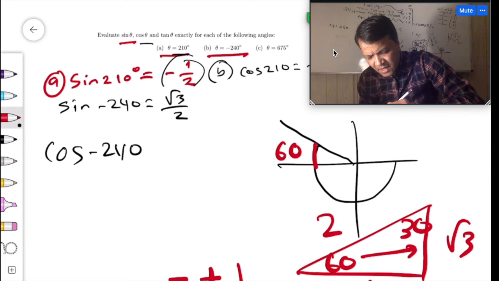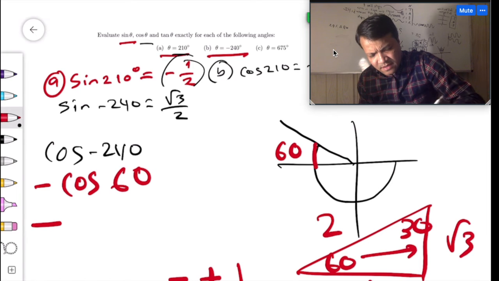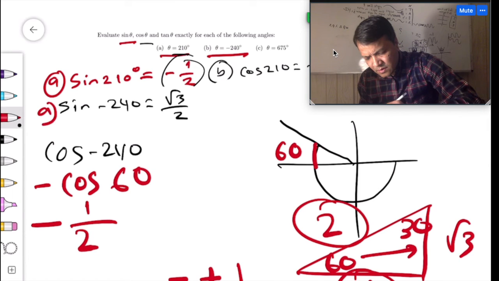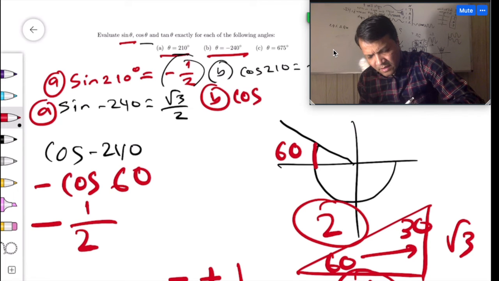So this must be negative cosine 60. So the negative x is 1 and r is 2. So then b, cosine negative 240 is equal to negative 1/2.